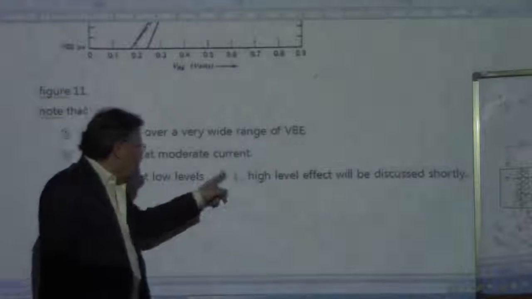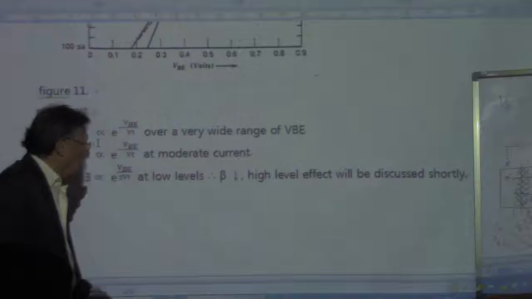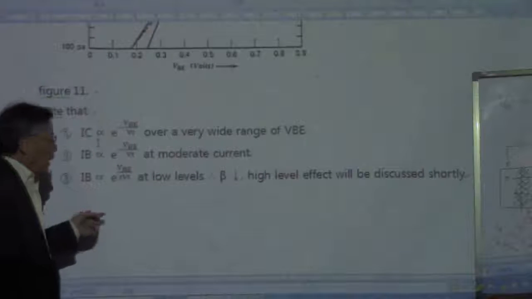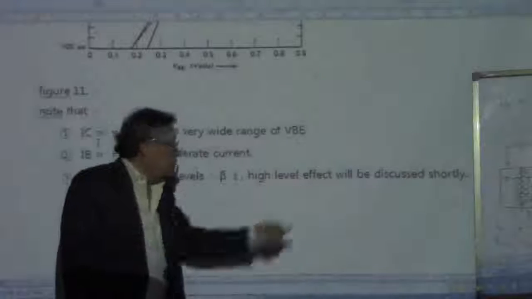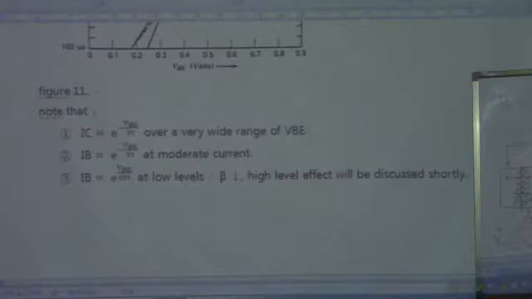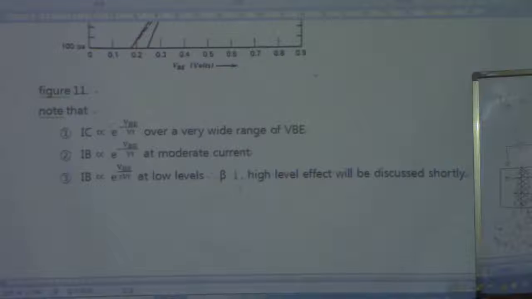So beta is going to decrease at the low levels, and the high level effect will be discussed. That happens at the low level. And the high levels of base and collector is going to be discussed next time. The next section is for that.